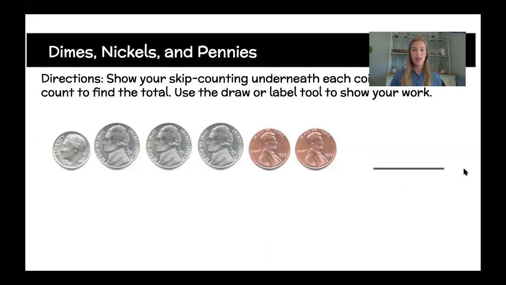So for number 1, please go ahead and count the value of the coins on the screen and write your answer beside number 1 on your paper or your whiteboard. If you need more time, you can always press pause and then continue your problem and then press play when you're ready to continue.